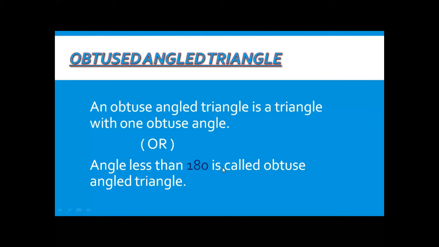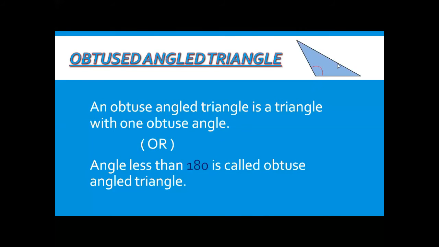So angles between 90 and 180, like 100 degree, 99 degree, okay, 120 degree. These all are angles which are between 90 and 180. So these are known as obtuse angles. An obtuse angle triangle looks like this. This is 90 degree.